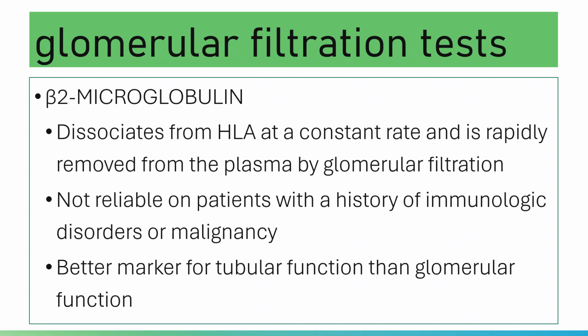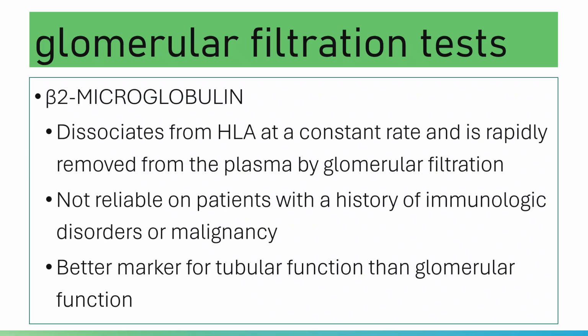Taking a look at the results, if there are increased beta-2 microglobulin levels in the blood and low levels in the urine, then there is a glomerular disorder.